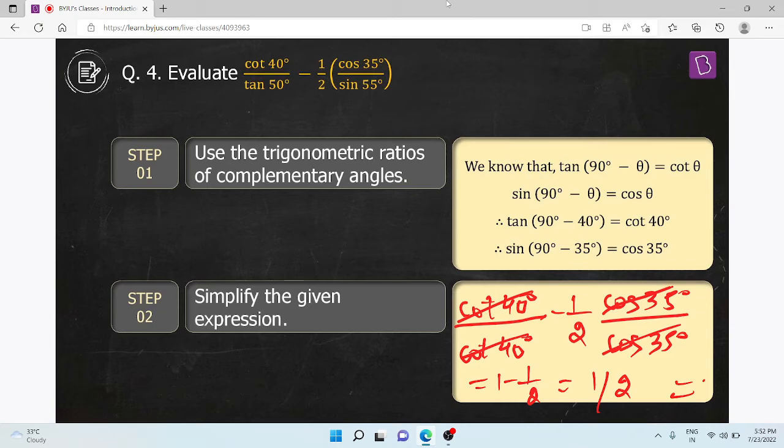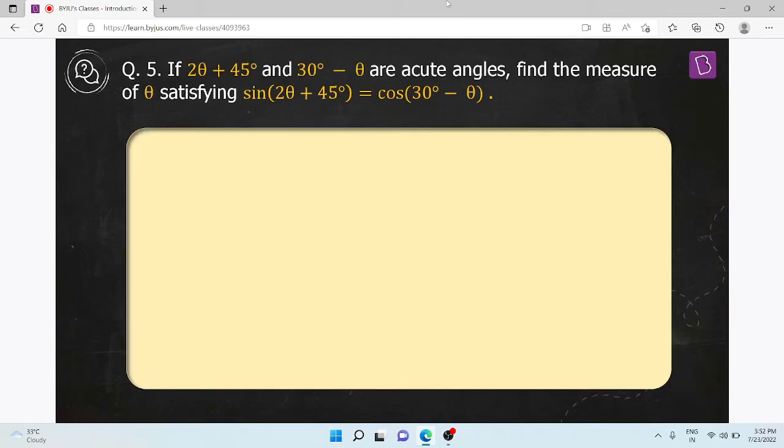Students, let's move on to our next question then. Question 5 of today's session. If 2 theta plus 45 degrees and 30 minus theta are acute angles, find the measure of theta satisfying sine 2 theta plus 45 degrees equal to cos 30 degrees minus theta.